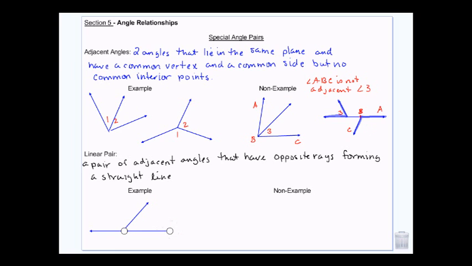Now it's a straight line. So angle 1 and 2 are adjacent, they connect, and then they form a straight line. So that's why they're called a linear pair. They make a line.